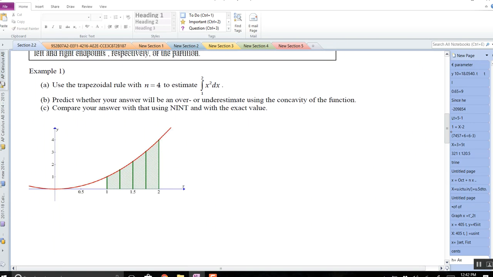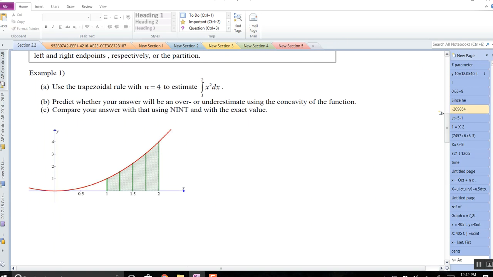Let's apply it to example 1. We're integrating from 1 to 2, and n equals 4, with equal subinterval lengths. For part A, I'm going to find the area. It's (2 minus 1) over 4, so each subinterval is 1/4. That's your delta x. Your y0 is right there, so if you plug in 1, you get 1.